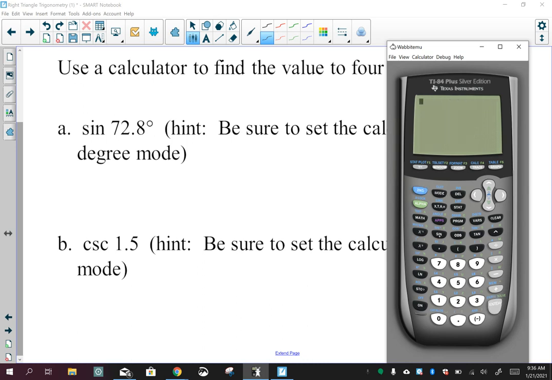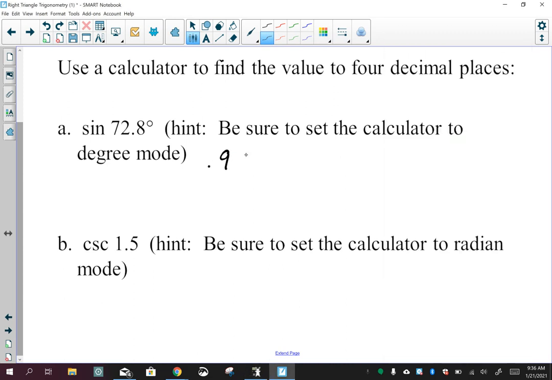Then I go sine of 72.8 and I get 0.955. It's usually 4 decimal places that it wants, so my answer is 0.9553.